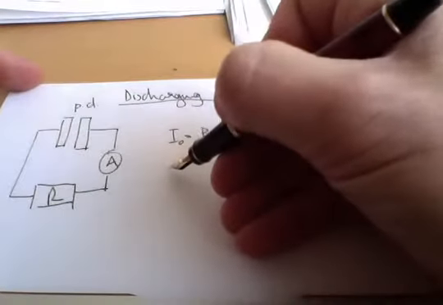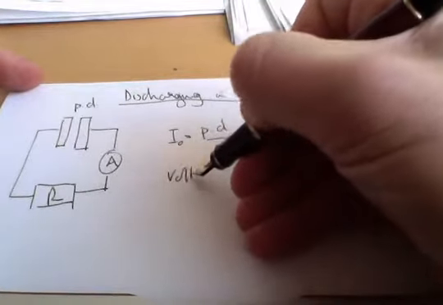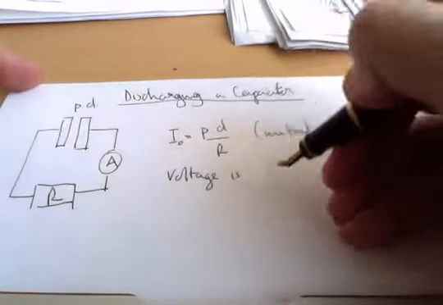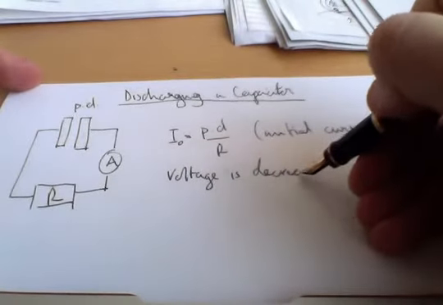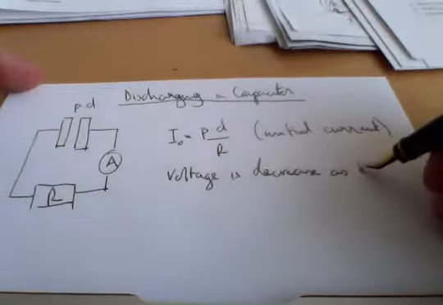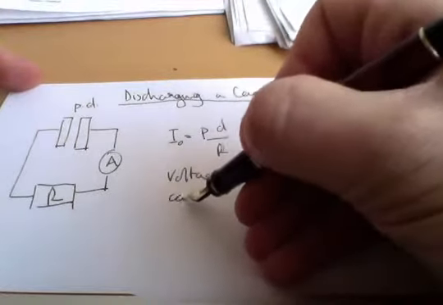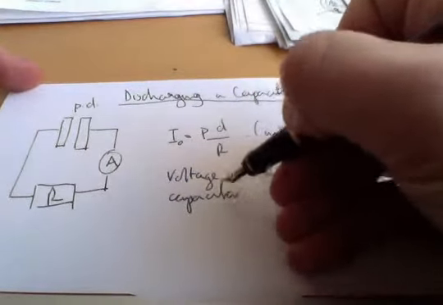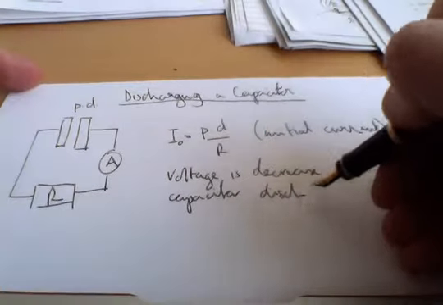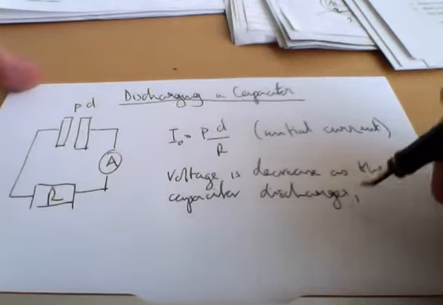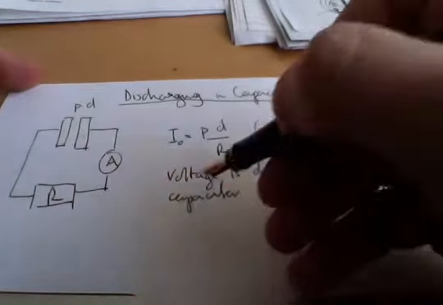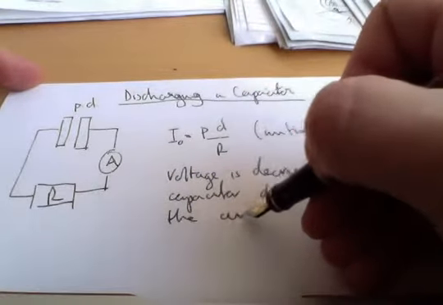We know that the voltage is decreasing as the capacitor discharges. Hence, the current changes.